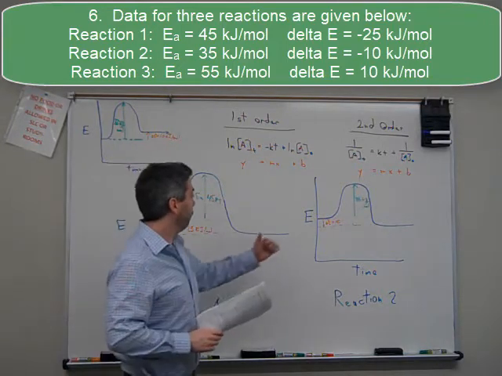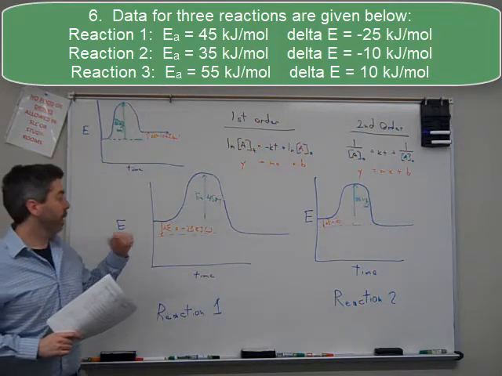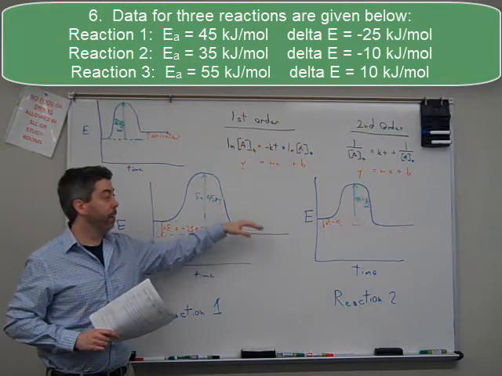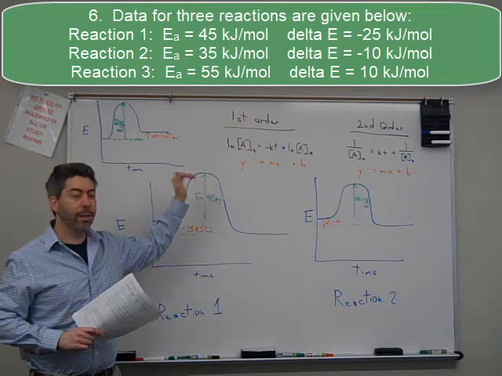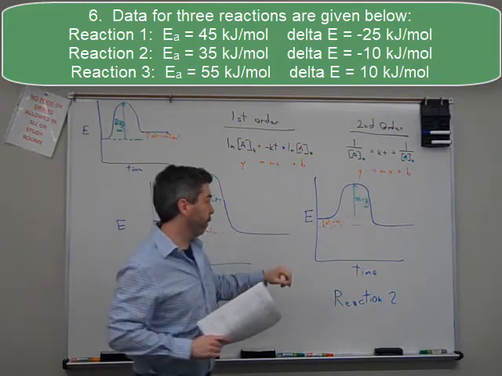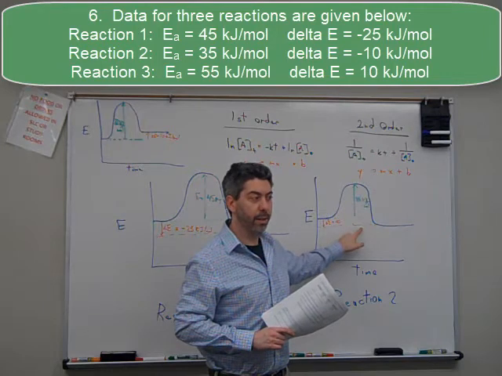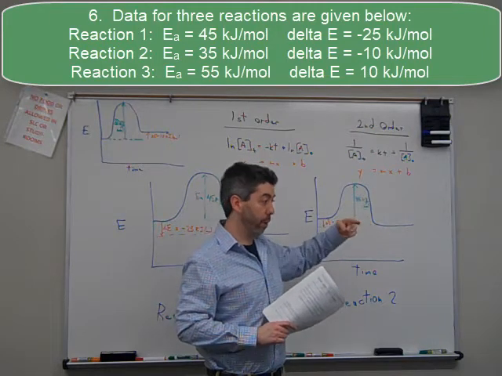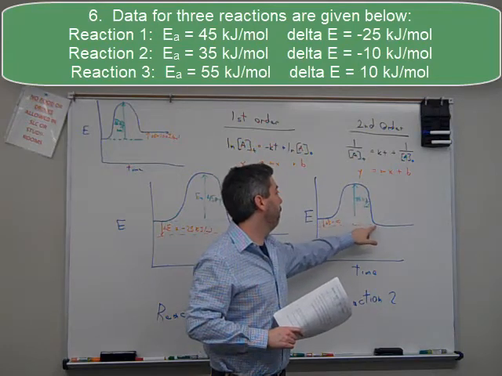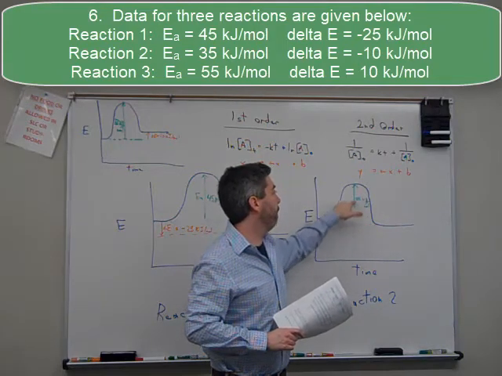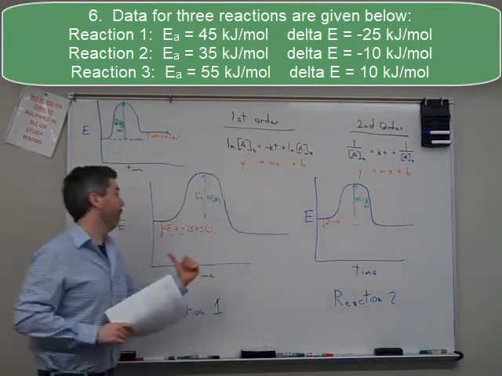So if it's in the reverse direction, that means that your activation energy is from your product energy to the top of the activated complex. So what is the activation energy for the reverse reaction of reaction 2? 45. Yeah, because you have to go up 10 and then another 35. So that'd be 45 kilojoules per mole for the reverse reaction here.